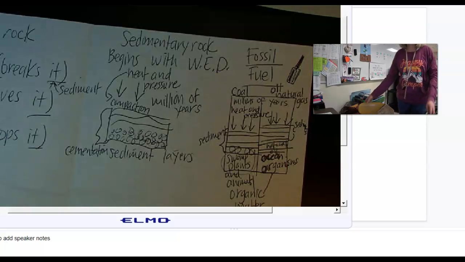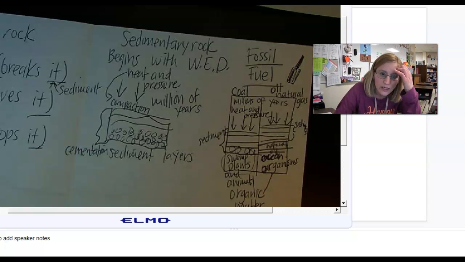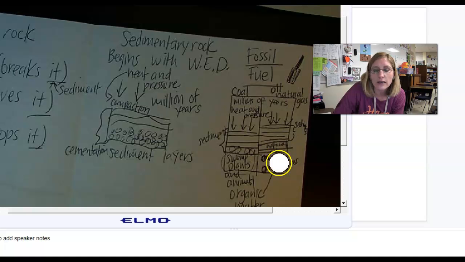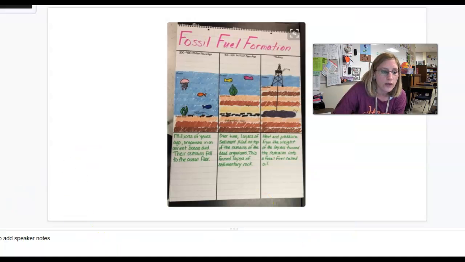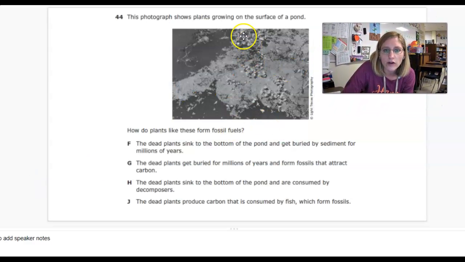And again, what's mainly important is that heat and pressure, millions of years, and organic materials, organic matter.